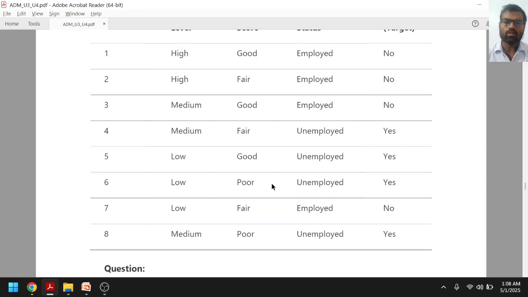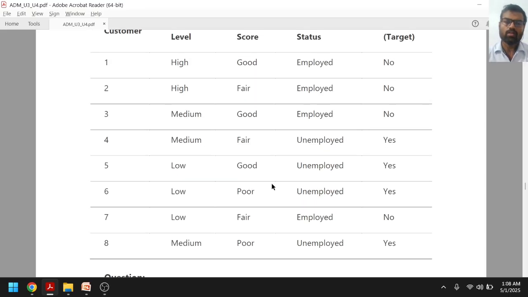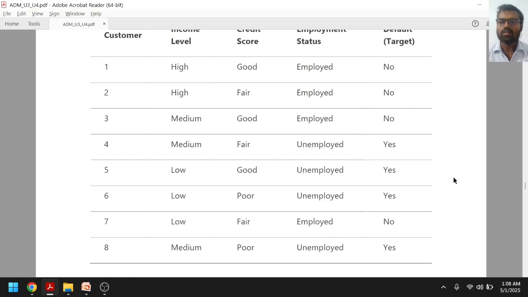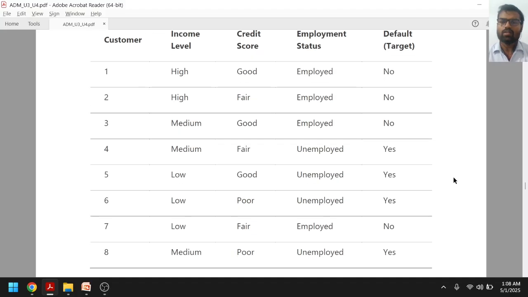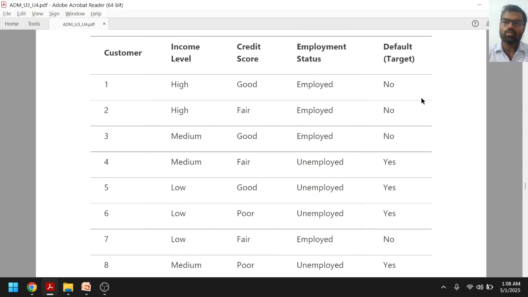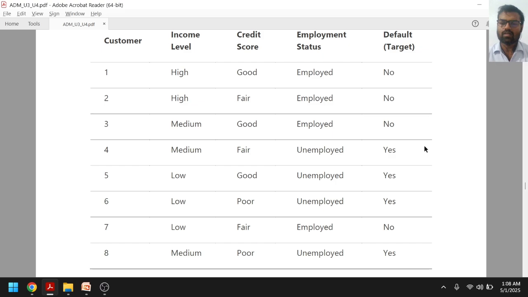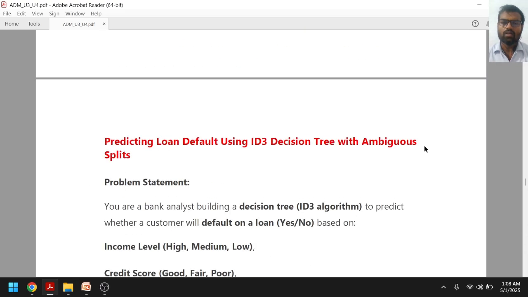And credit score: good, fair, poor? Those are 3 classes. Employment status has 2 classes, employed or unemployed. And the target is the default, which is going to be no or yes.